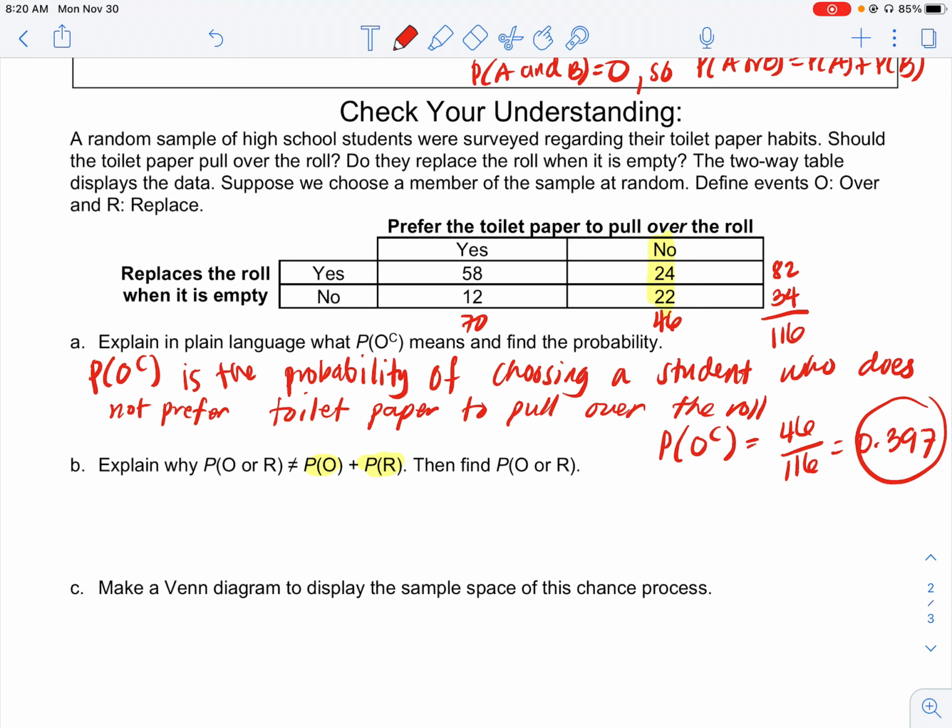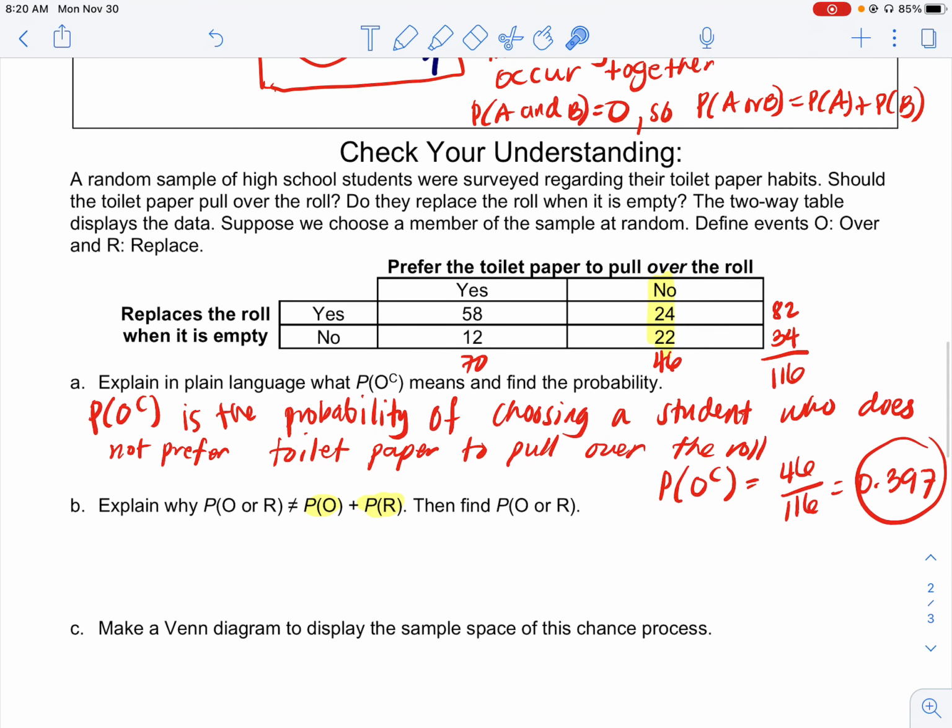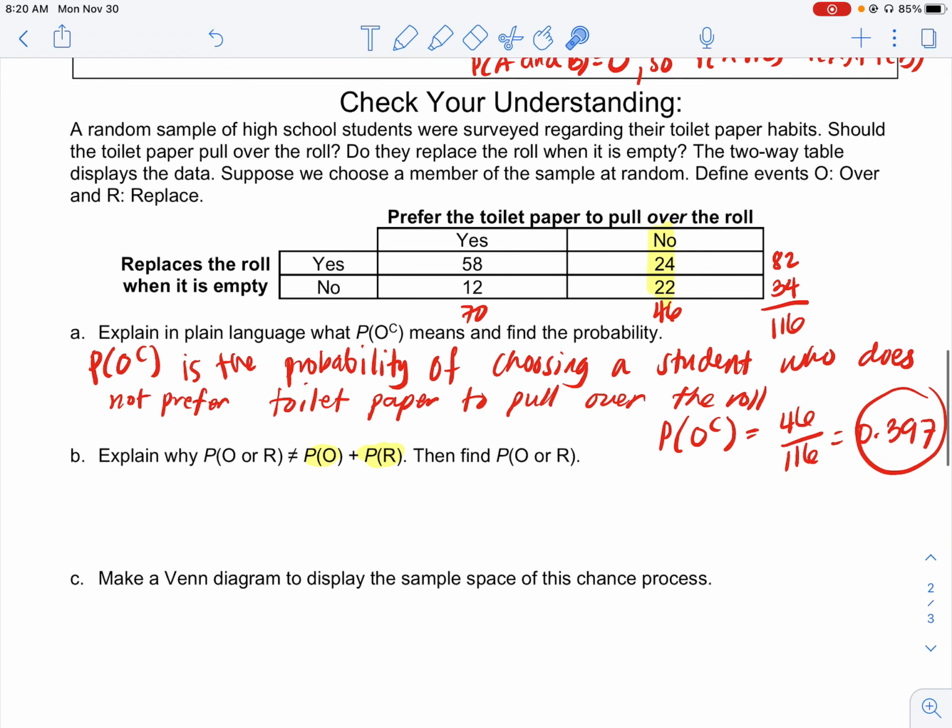That means I would add all of the O and all of the R, correct? But when I say O or R, does that mean everybody that is O plus everybody that is R minus everybody that is O and R? So if I follow the formula on the top, that makes sense or not, you guys?